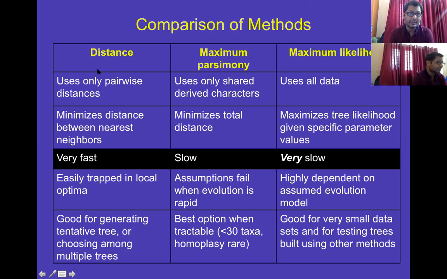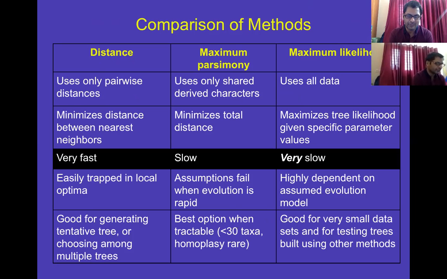So the difference between these algorithms: the distance method, which we also call neighbor joining, then maximum parsimony and maximum likelihood. Distance only uses pairwise distances. You already know about pairwise distances, which we have read in the second unit of the course.